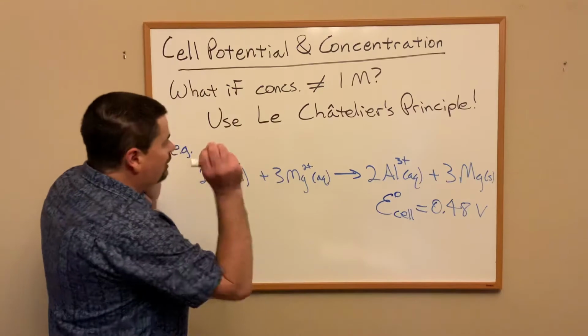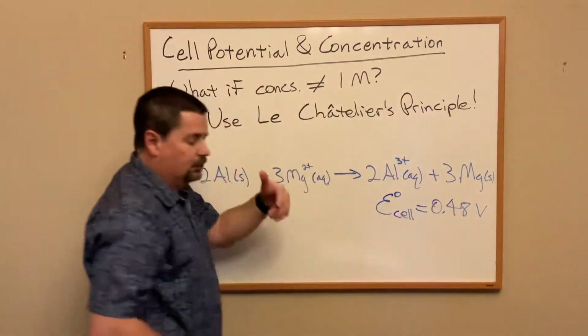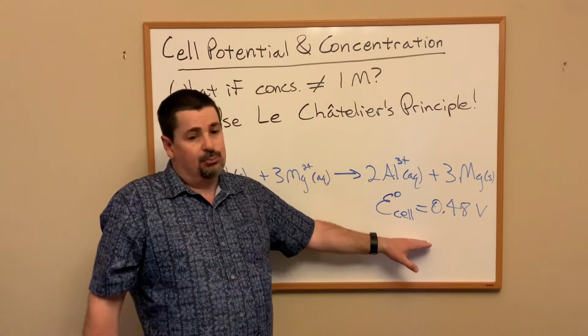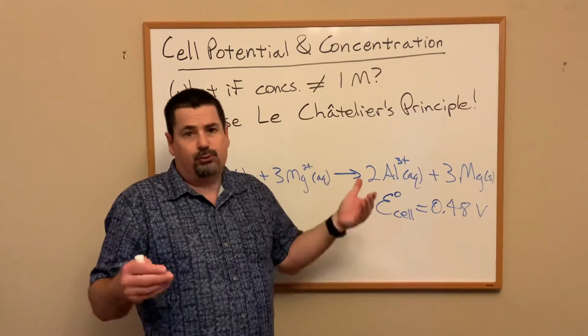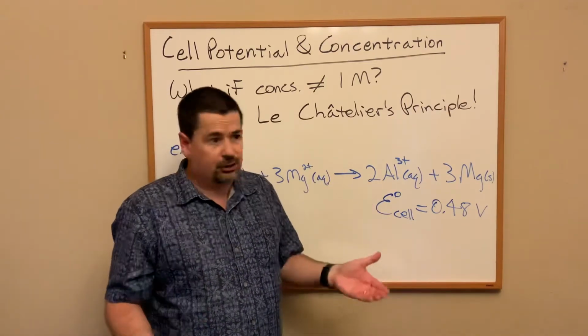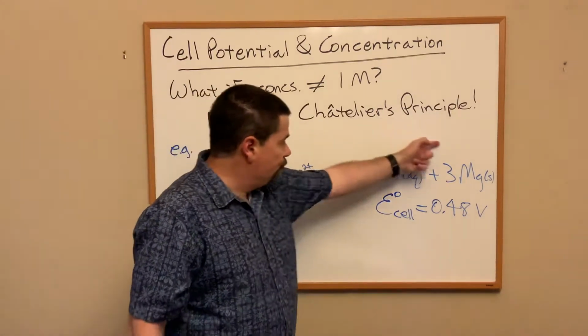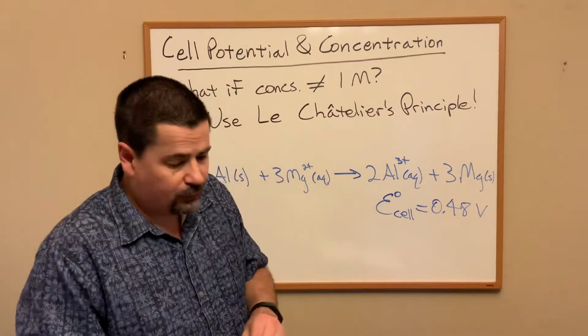If we increase the amount of reactants, that will drive the reaction towards products. And we can think of our potential as being a product of sorts, just like if we had an exothermic reaction, we would think of heat as being a product. So adding, let's say, magnesium shifts the equilibrium towards the products and would increase the potential.